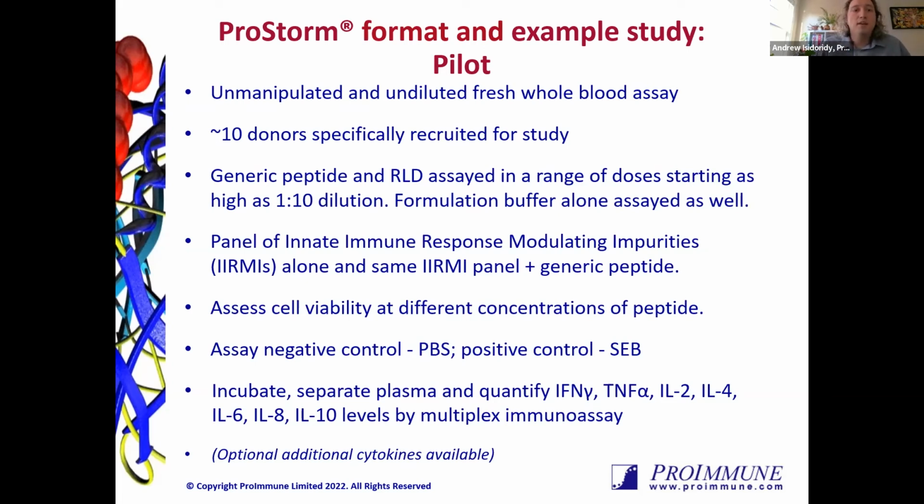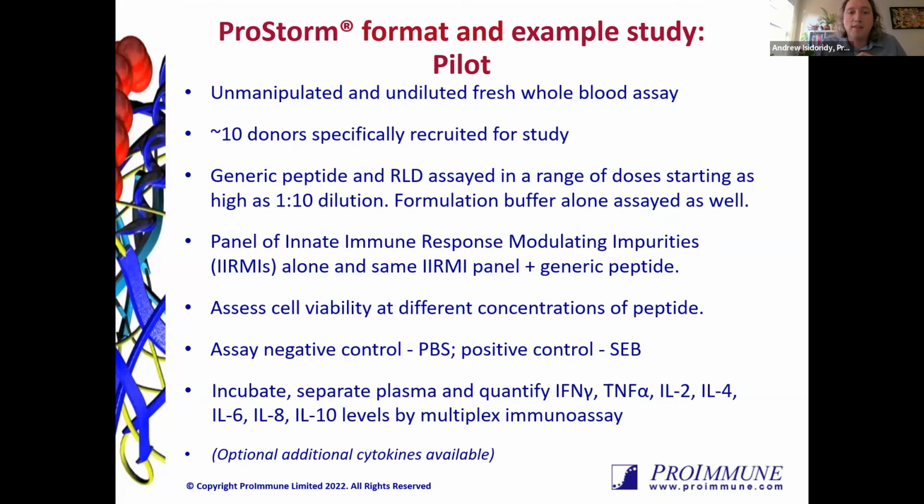For a pilot, typically we would approach these types of experiments as a pilot and a main. The pilot is designed on a smaller scale, and it's really focused on dose finding, finding the highest concentration of your generic peptide that's not affecting cell viability.